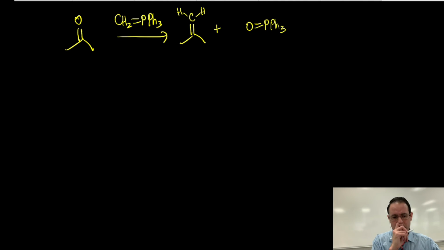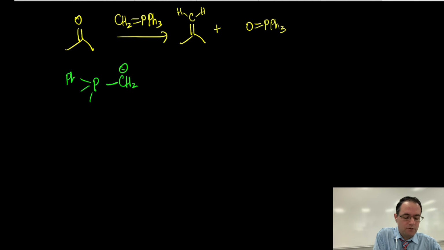So what we want to do is show the zwitterionic form of the ylide. Okay, so first we draw the carbanion. Okay, and that's, you know, bonded to a phosphorus and 3 phenyl groups. I'll draw them all out here so we don't get confused. Okay, and so what we want to do is attack the carbon atom of the ketone, which is the electrophile.